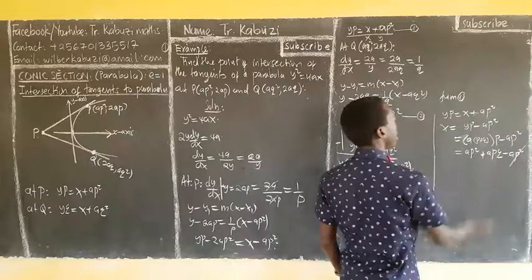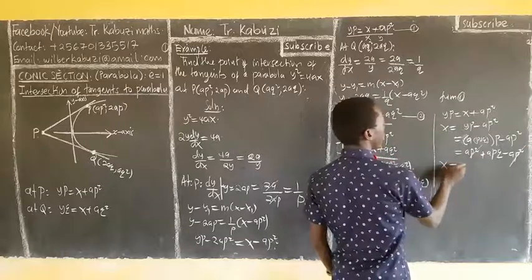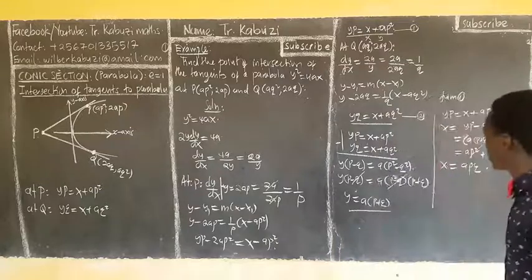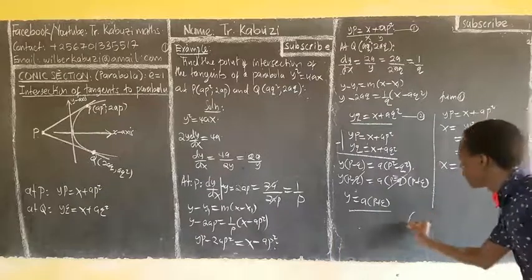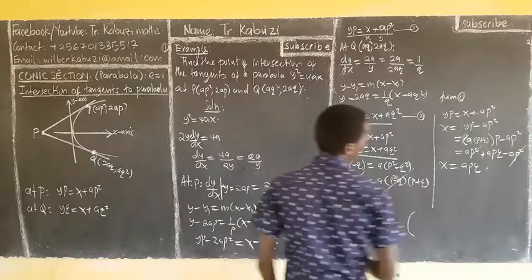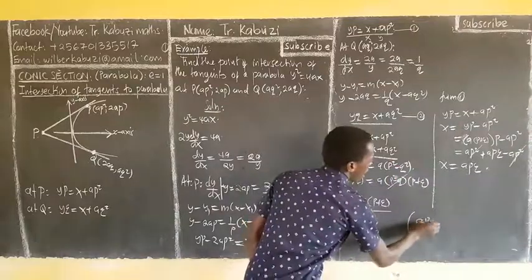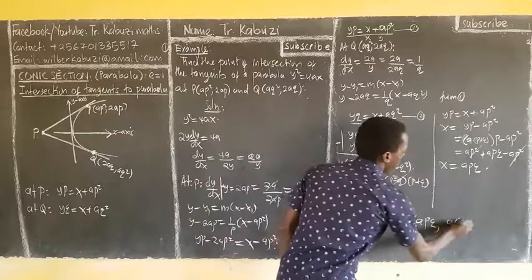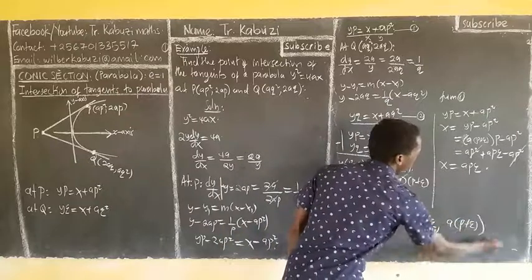You see this goes away with this, so your value of x is apq. So meaning that the point of intersection of two tangents of a parabola has x as apq, and the y is a(p plus q).